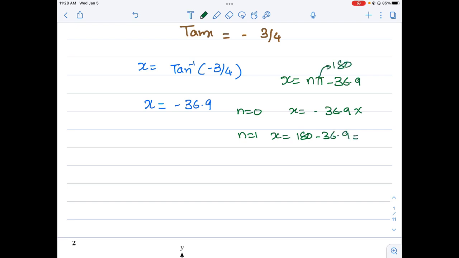So this gives me something around 143.1. Then n is equal to 2. X is equal to 2 times 180, which is 360, minus 36.9, which gives me 323.1 degrees. So my answer will be 143.1 comma 323.1 degrees. That's going to be the answer.